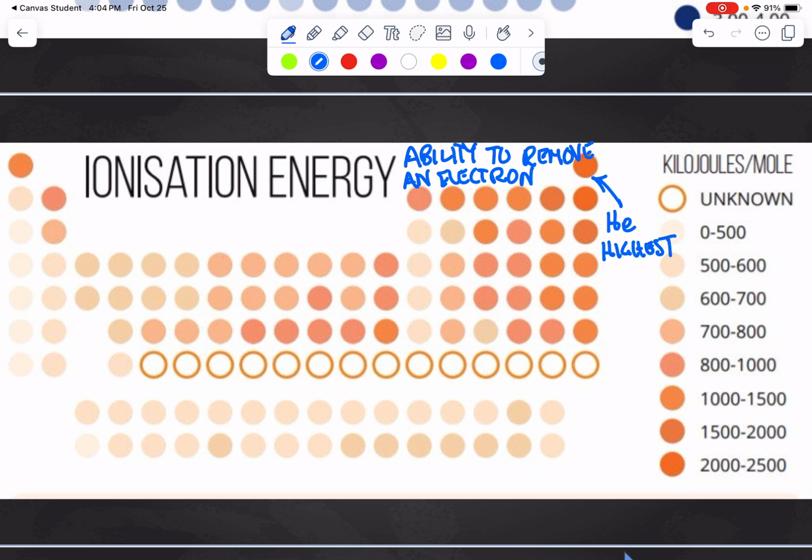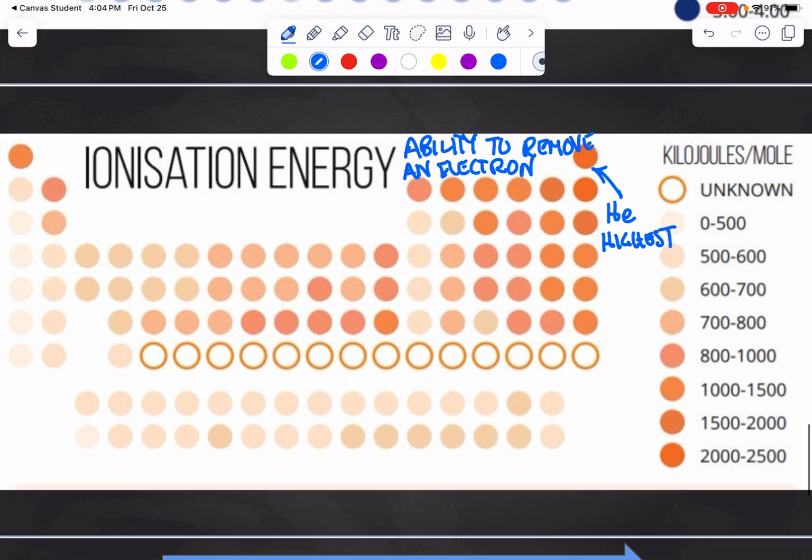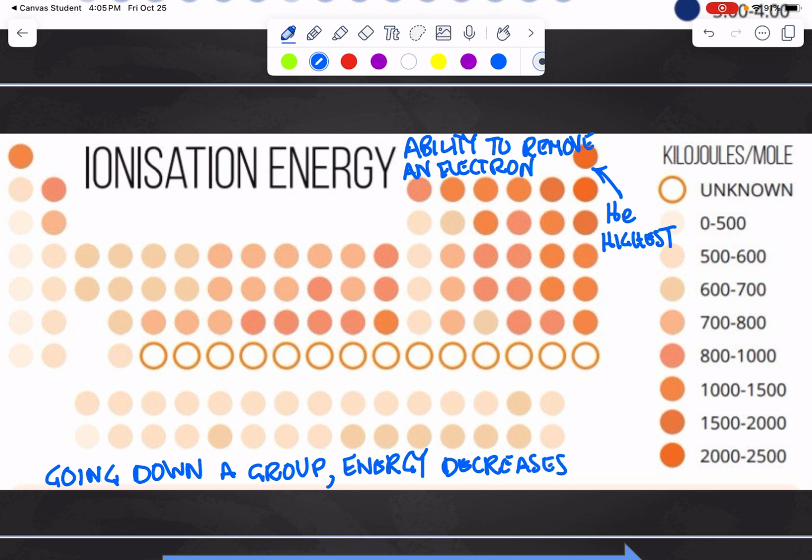And when we talk about where the electron resides, it'll make more sense with time. But the further away you get from the nucleus, the easier it is to remove an electron. So going down a group, the ionization energy is going to decrease. Whereas if you're going left to right, energy increases.